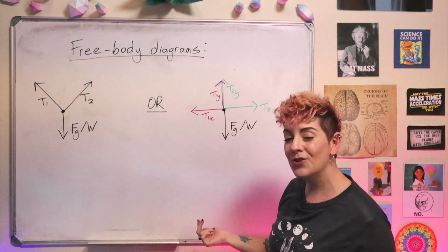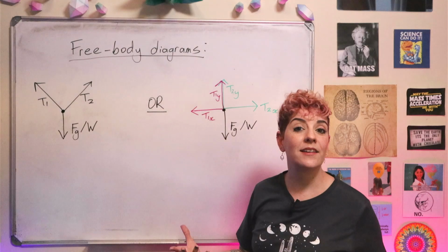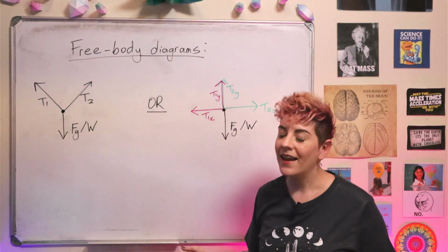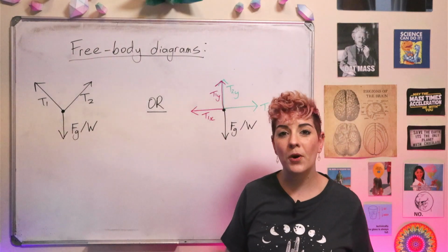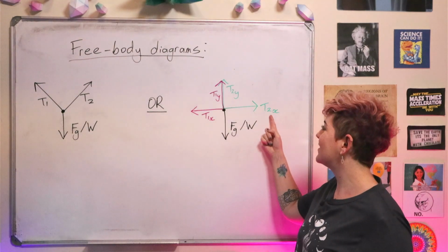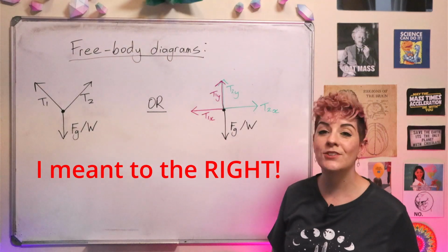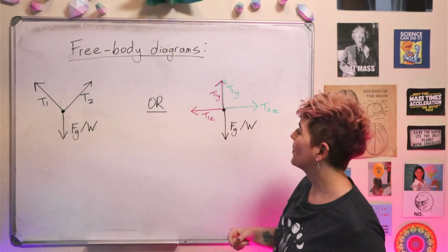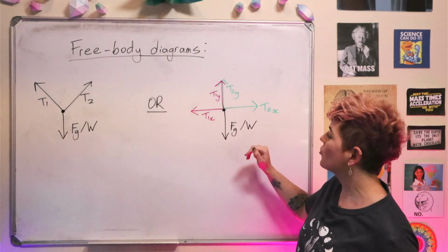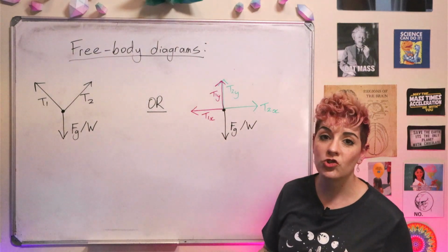Now, T2, on the other hand, is going in this direction, diagonally up and to the right, and that gives us the direction of its components. So the X component of T2, called T2x, goes to the right, and its Y component T2y goes up. Right, I've drawn those in green. FG, or weight going straight down, has not changed.